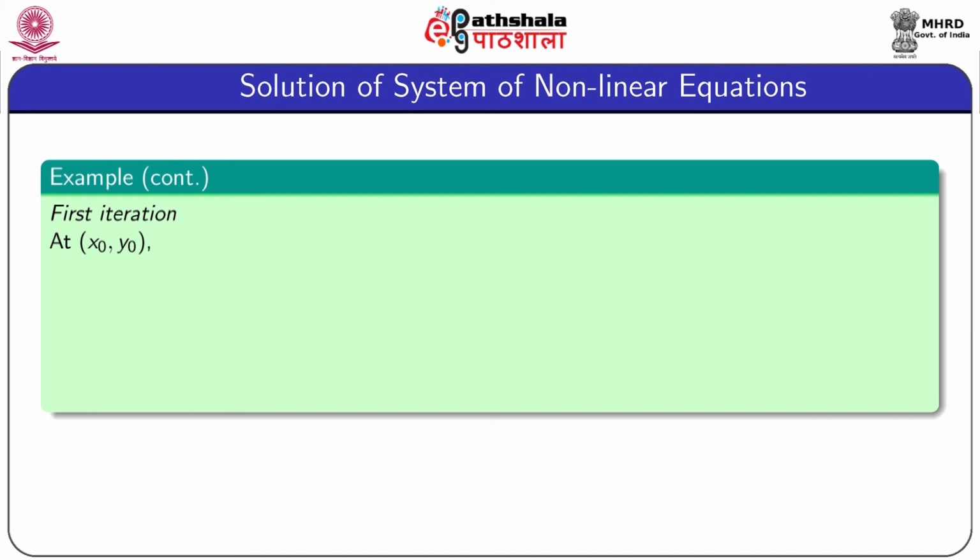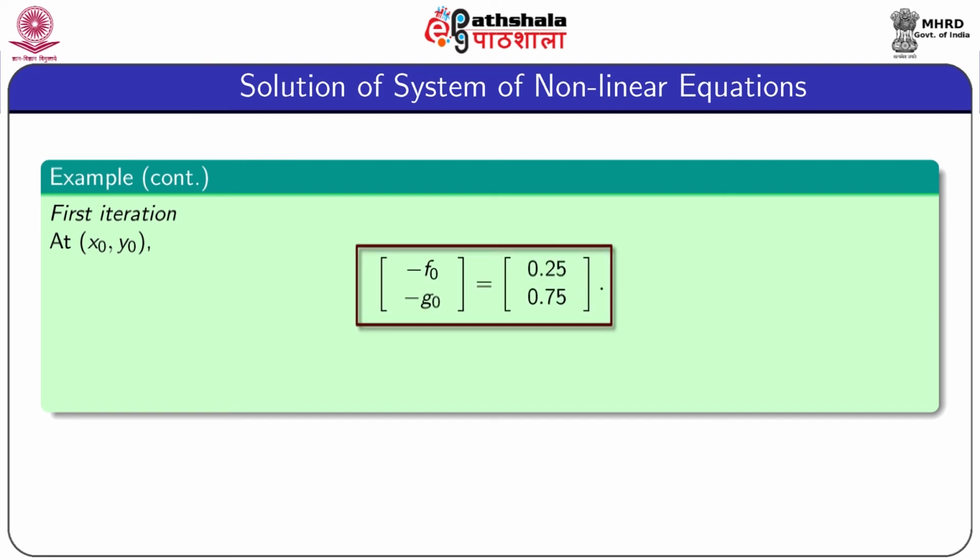Now, at the first iteration, we evaluate the values of the coefficient matrix and the values of f and g at the point (x0, y0), and in this case −f0 and −g0 are −0.25 and 0.75.